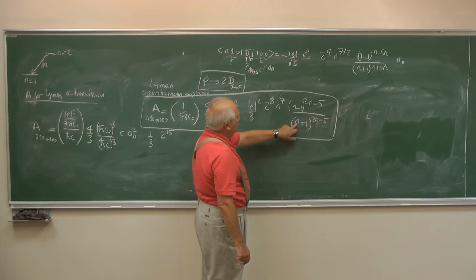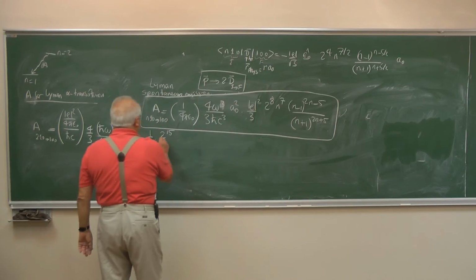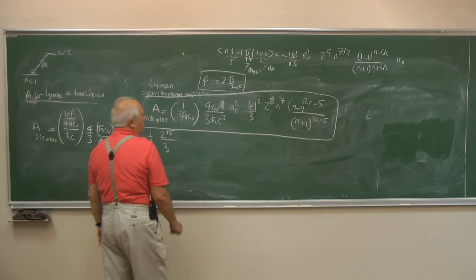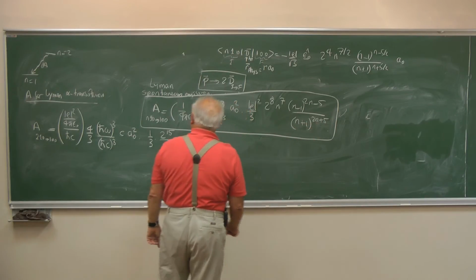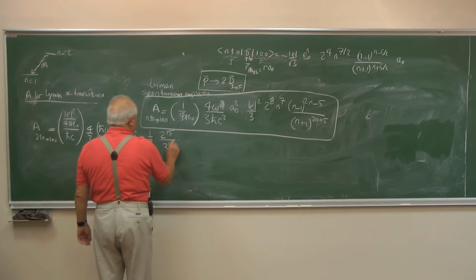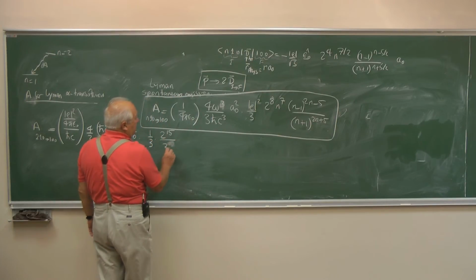Then I have 2 here, 3 divided by 3. 2 times 2 is 4, n equals 2. 5, 9.